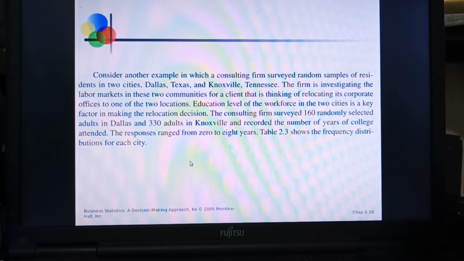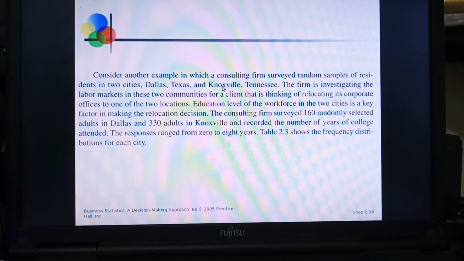Now consider another example in which a consulting firm surveyed random samples of residents in two cities. One is Dallas, Texas, and the other is Knoxville, Tennessee. The firm is investigating the labor markets in these two communities for a client that is thinking of relocating its corporate offices to one of the two locations.